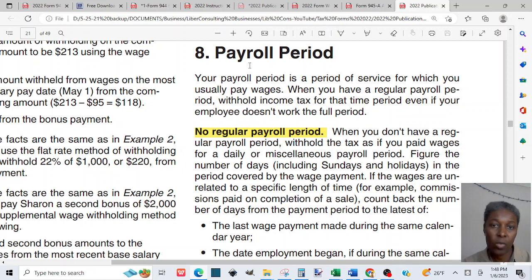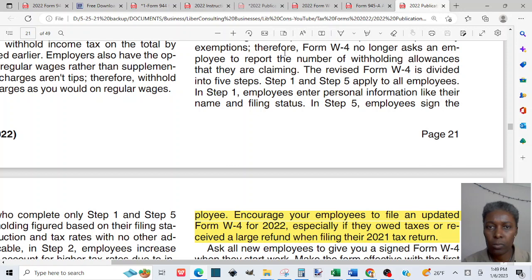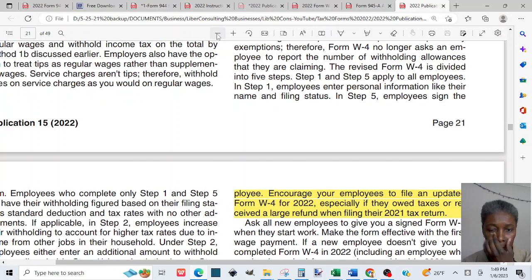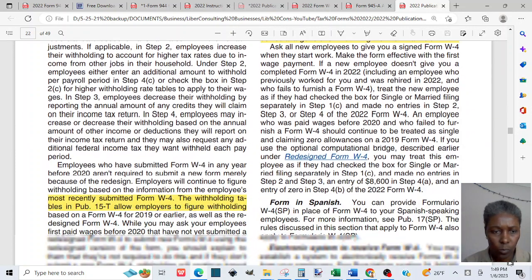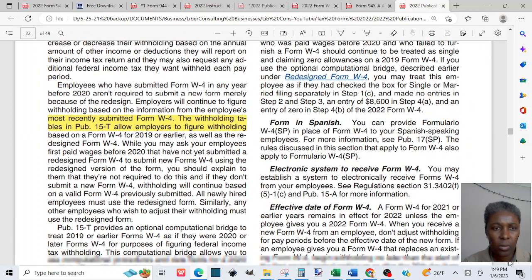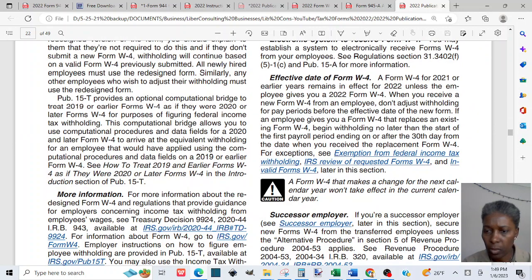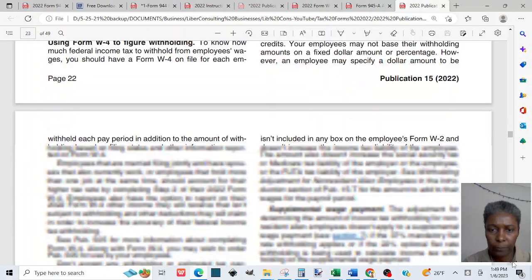Okay, so pretty much what they are saying here is if you do not have a regular pay period, what you do in that instance. Page 32. Okay, I think I'll just continue.